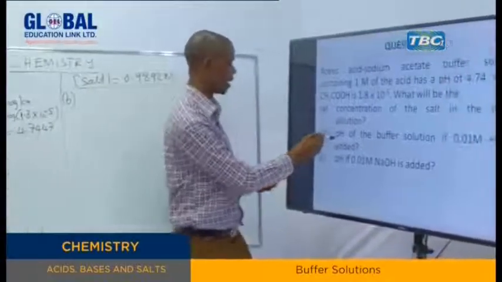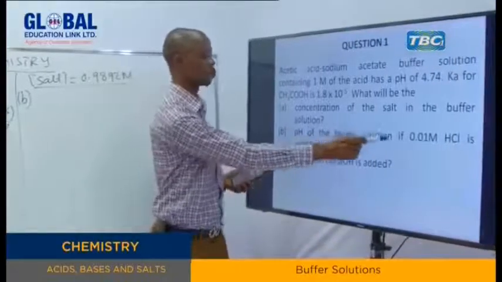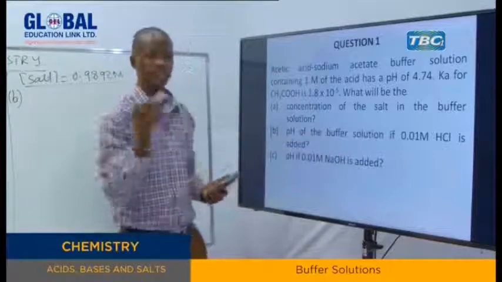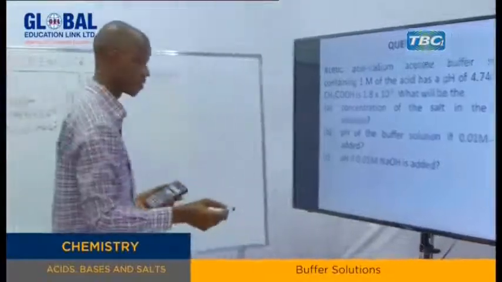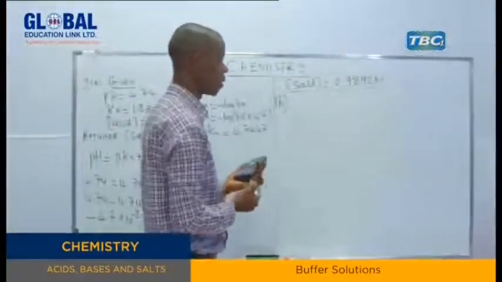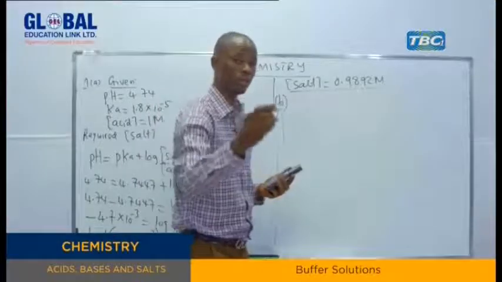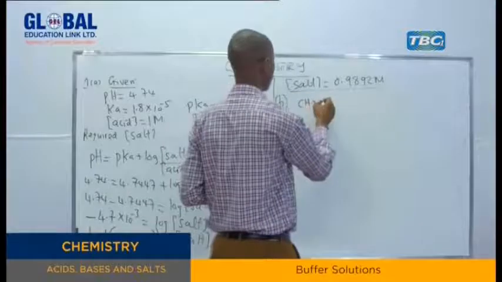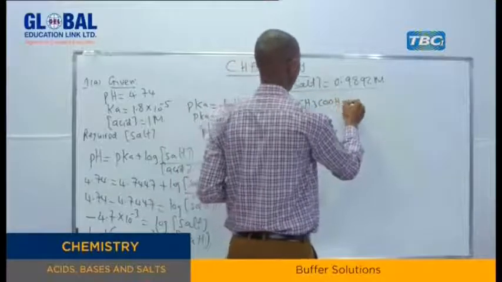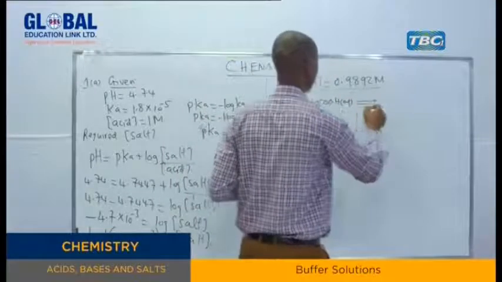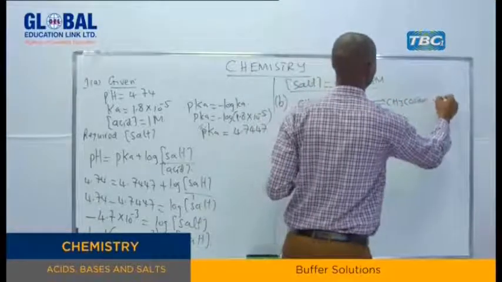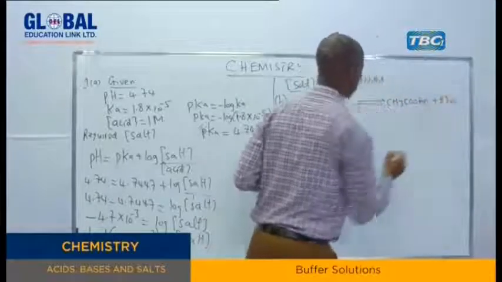Question number 1B says: the pH of the buffer solution if 0.01 molar hydrochloric acid is added. That is also very simple that we can discuss here together. But to discuss that one, we need to go back to the buffer system. We have the acetic acid, which ionizes partially to give the acetate ion and hydrogen ion.